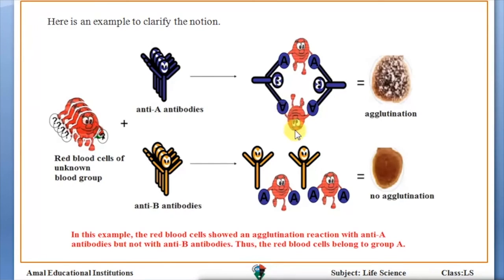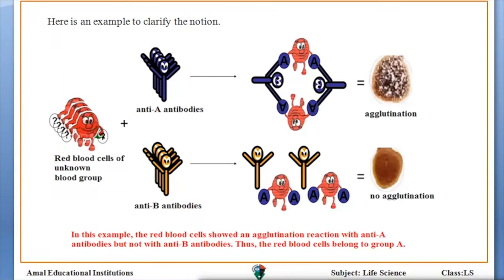Therefore, since the red blood cell showed an agglutination reaction with anti-A antibody, but didn't show any agglutination with anti-B antibodies, therefore the red blood cells belong to group A.